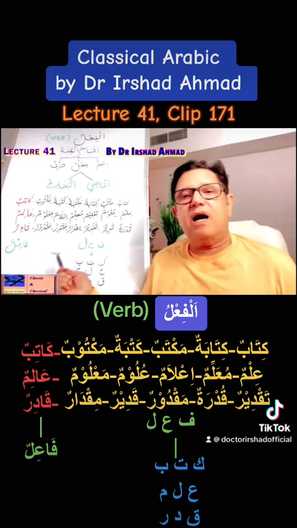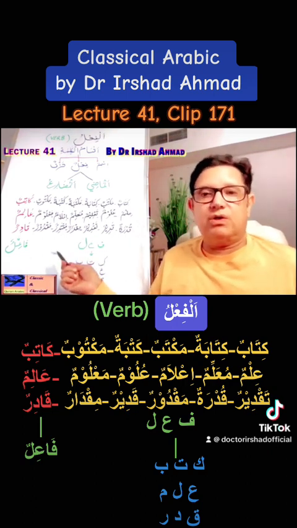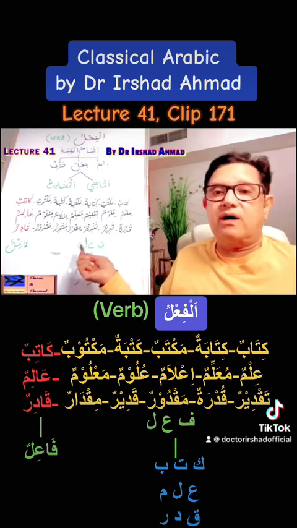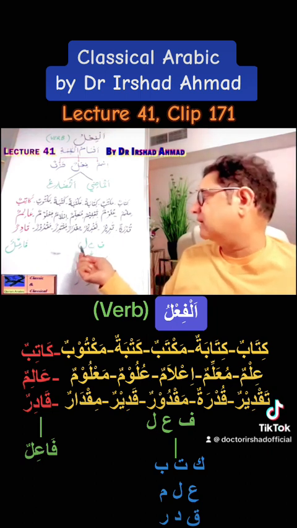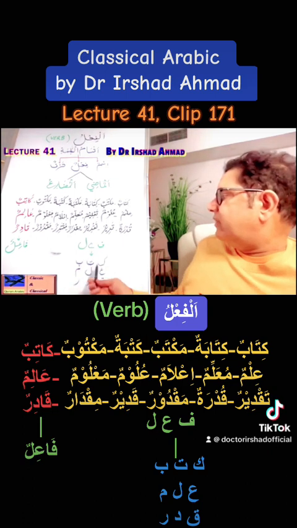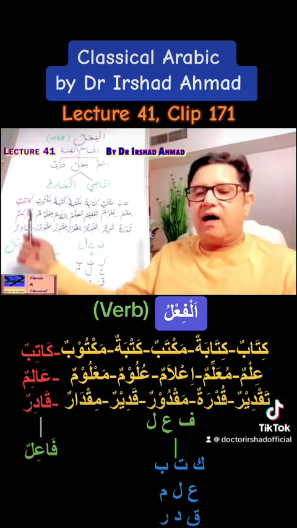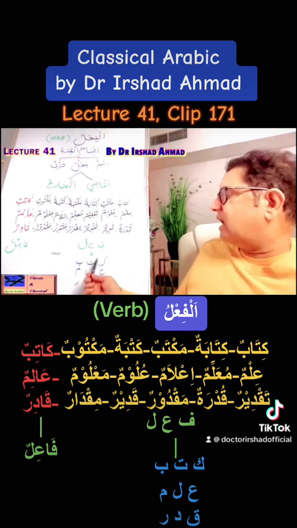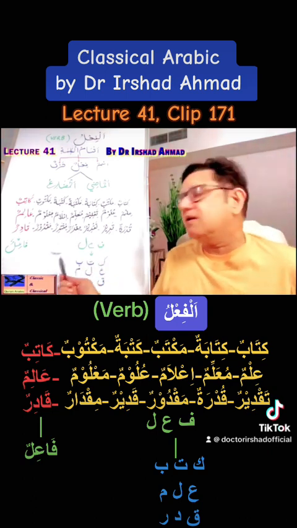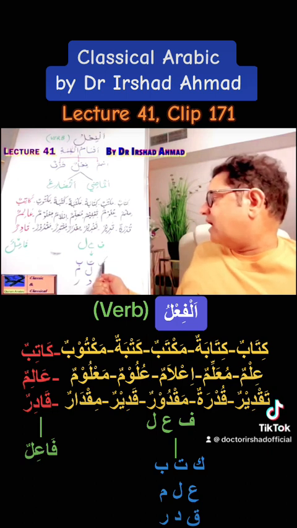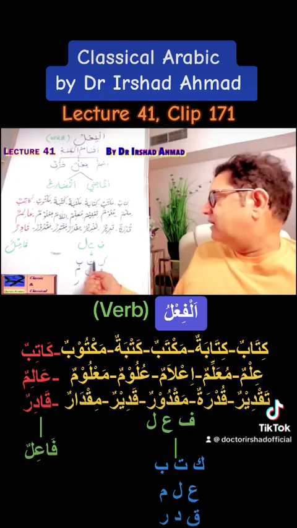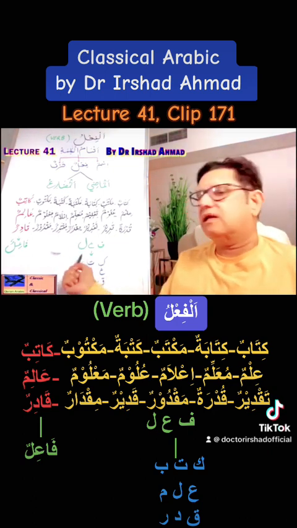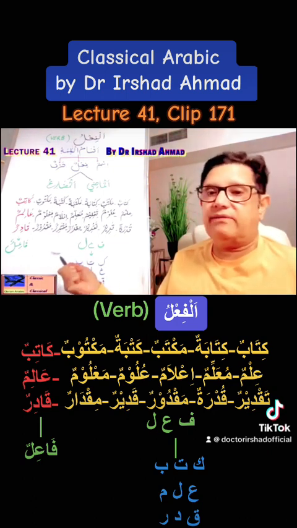So fa, ain, lam is our model root. I'm saying model because this is not dummy; there are some words formed from this combination as well. So if we look here, katibun, our three-letter root is kaf ta ba, and our terminology is that kaf here is fa kalima, ta here is ain kalima, and ba here is lam kalima. That's for ease of reference.